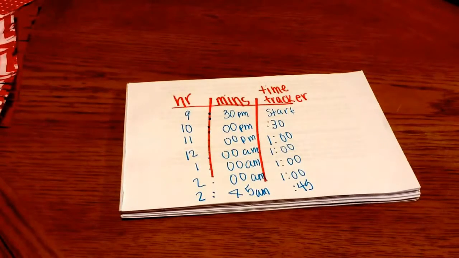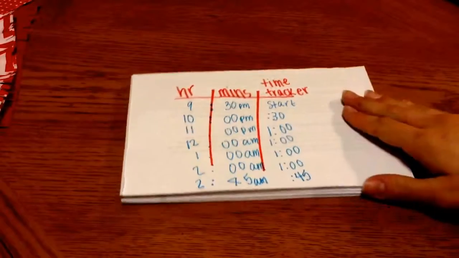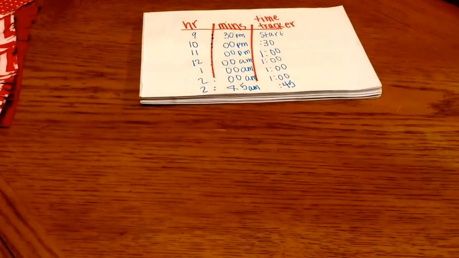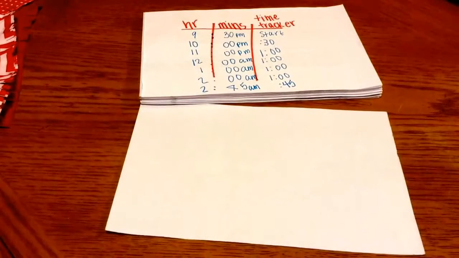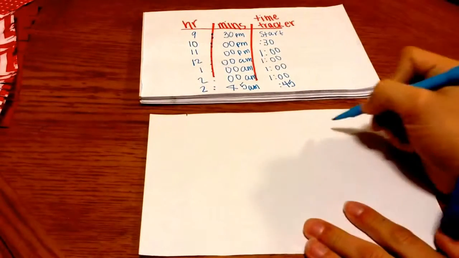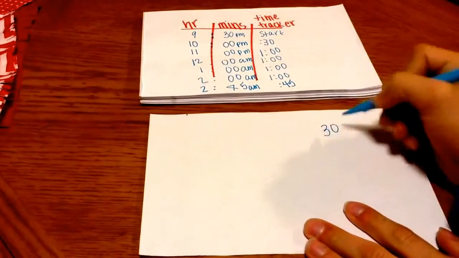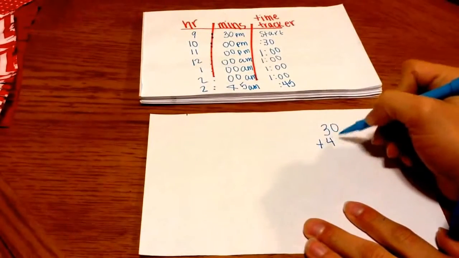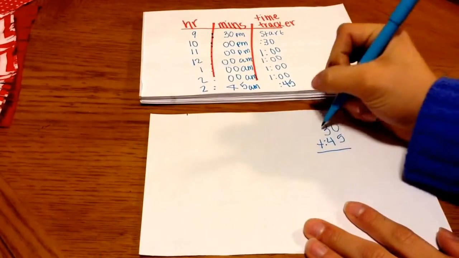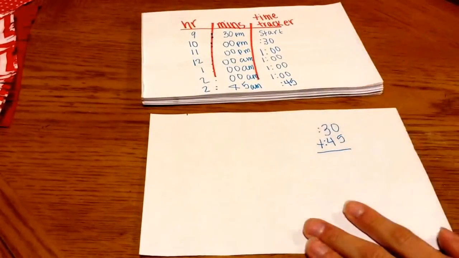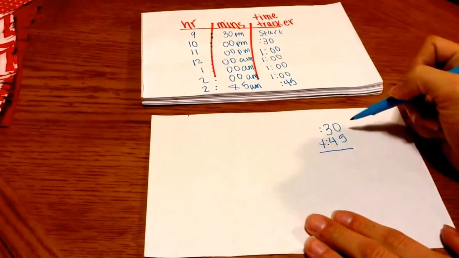So now we have established our elapsed time. Now we need to calculate how long our elapsed time is. So we're going to start with adding our minutes. And our minutes are 30 minutes plus 45 minutes. And it is important that you always put our dots in front of the words so they know that this is indicating minutes.